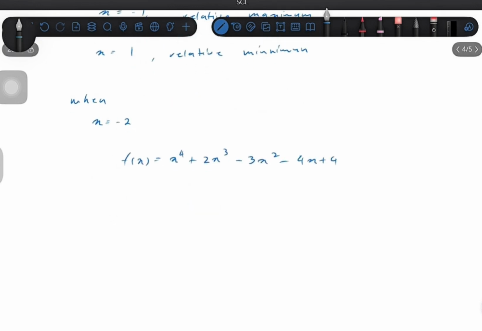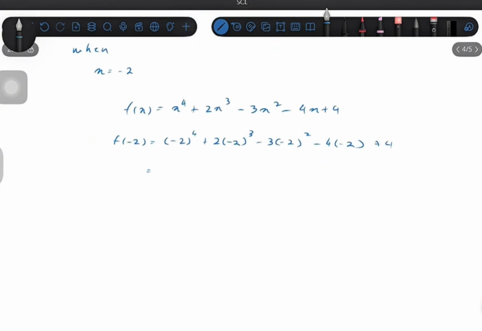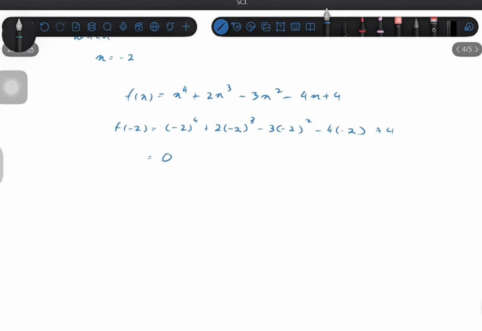We insert x equals negative 2: f(negative 2) equals (negative 2)^4 plus 2(negative 2)^3 minus 3(negative 2)^2 minus 4(negative 2) plus 4. The answer is 0.